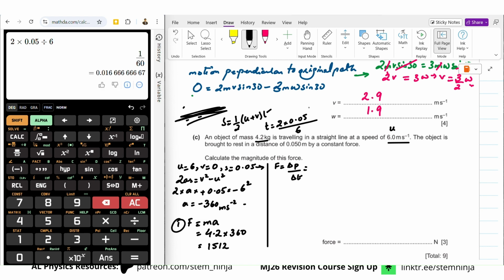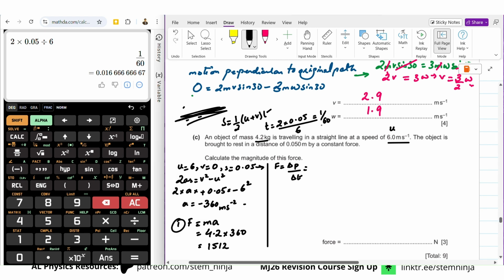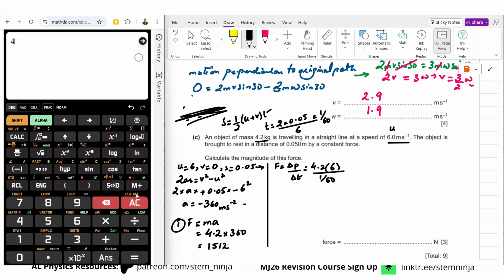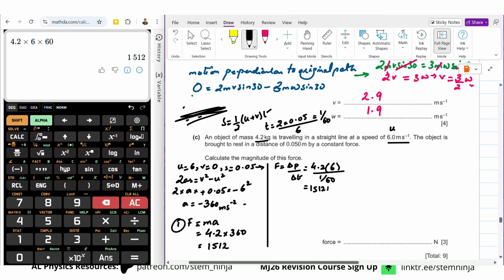So 1 over 60, basically. So change in momentum is 4.2 times 6, divided by 1 over 60. So basically 4.2 times 6 times 60. This is also 1512 newtons. This is method number 2.